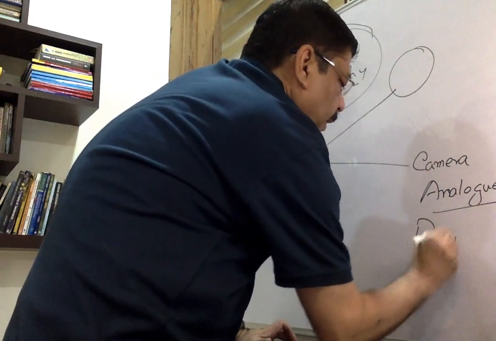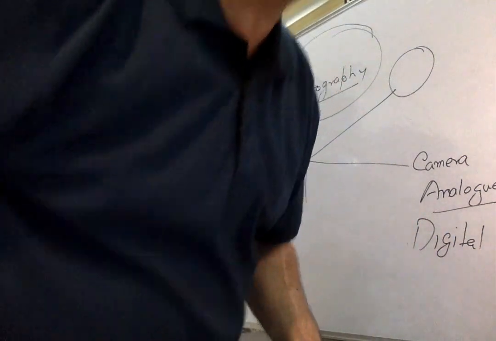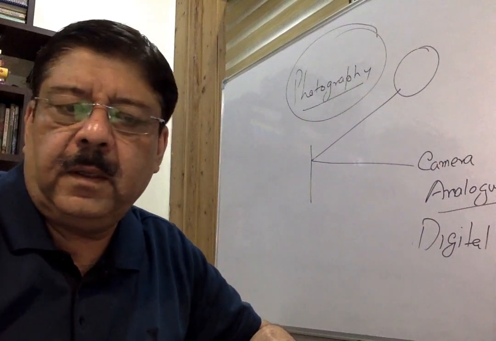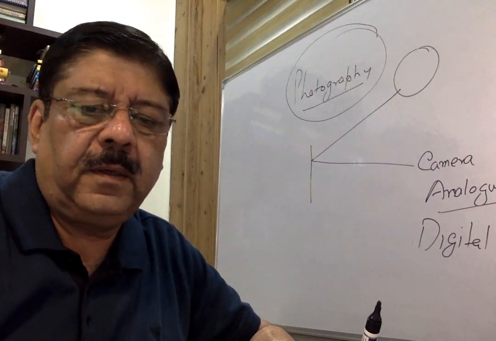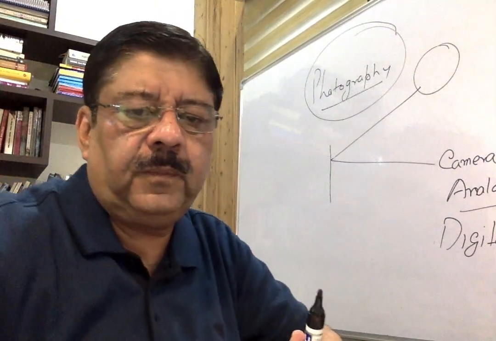What is the difference between an analog camera and a digital camera? Is there any difference?